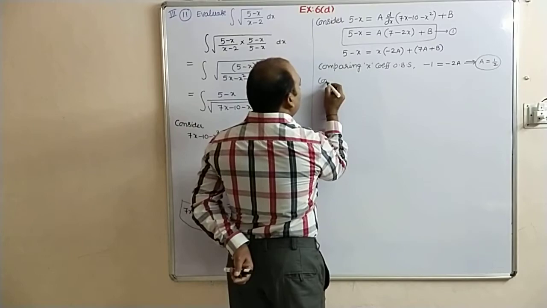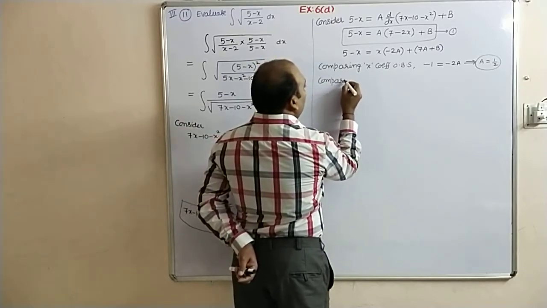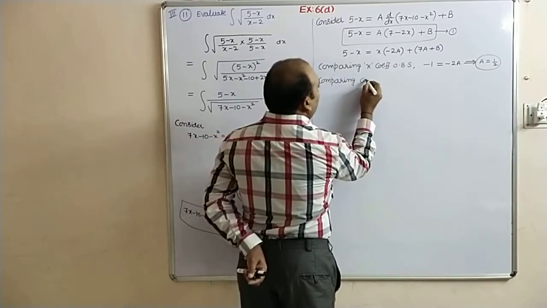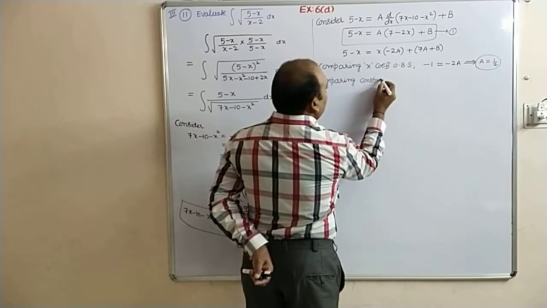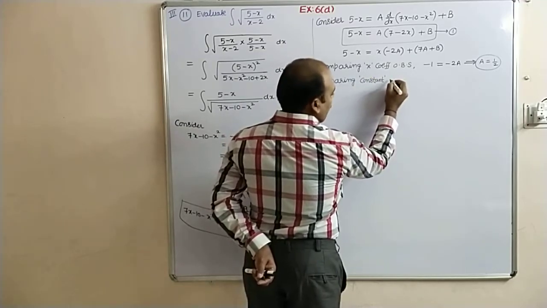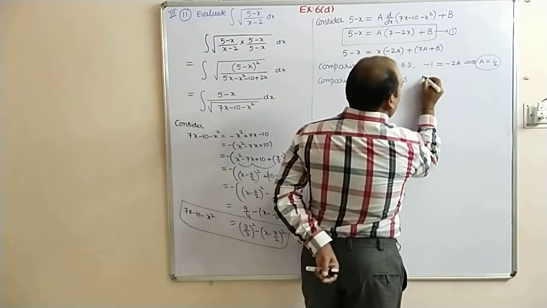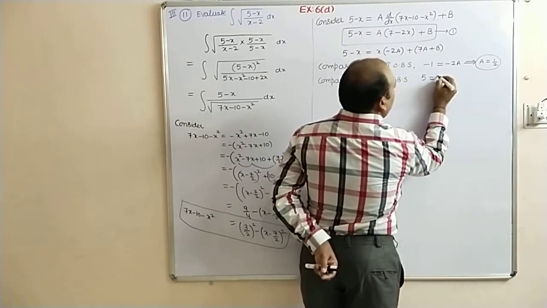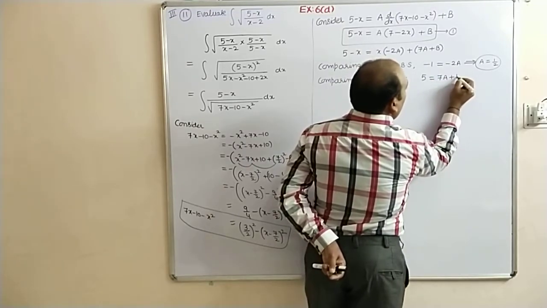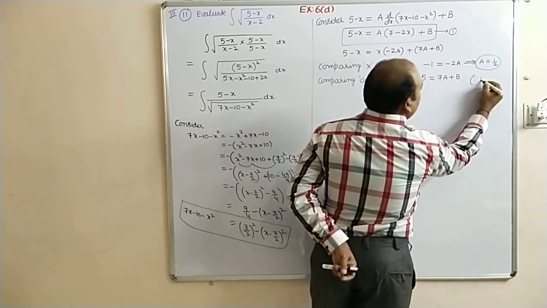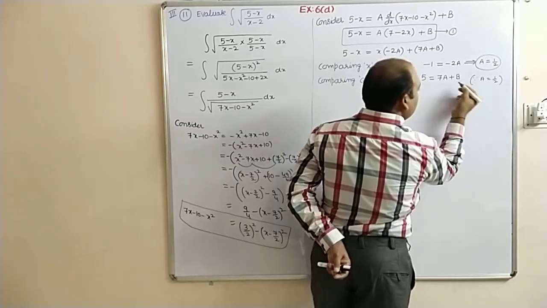Next, comparing constant terms on both sides. So here the constant term is 5, equal to, here the constant term is 7A plus B. Since the value of A is equal to 1 by 2, substitute in this.